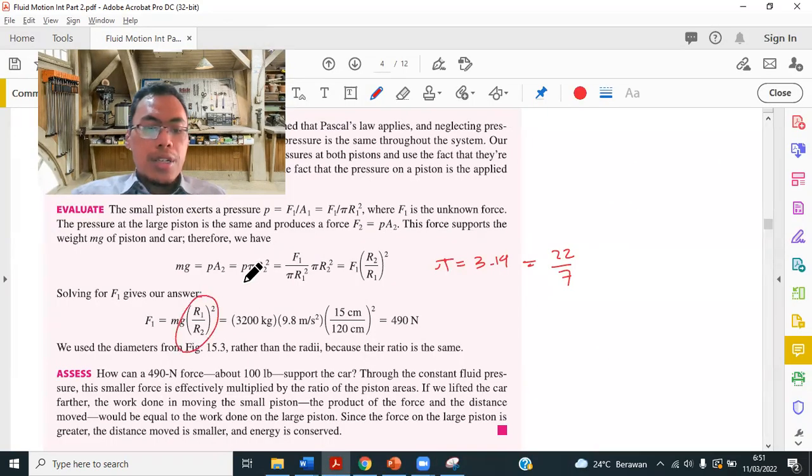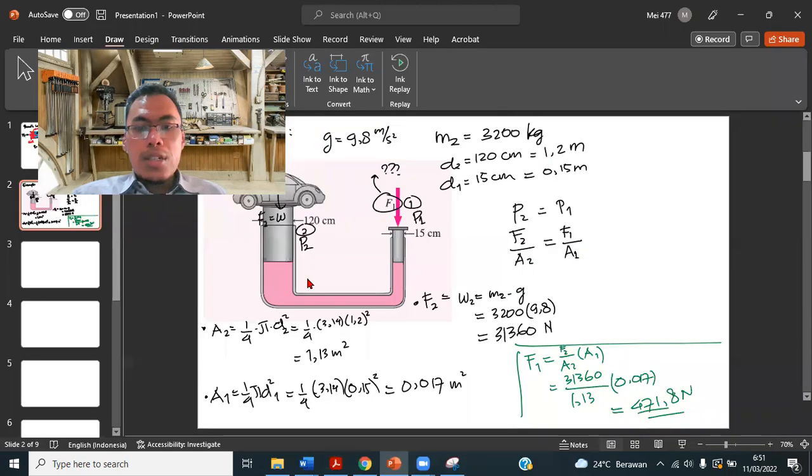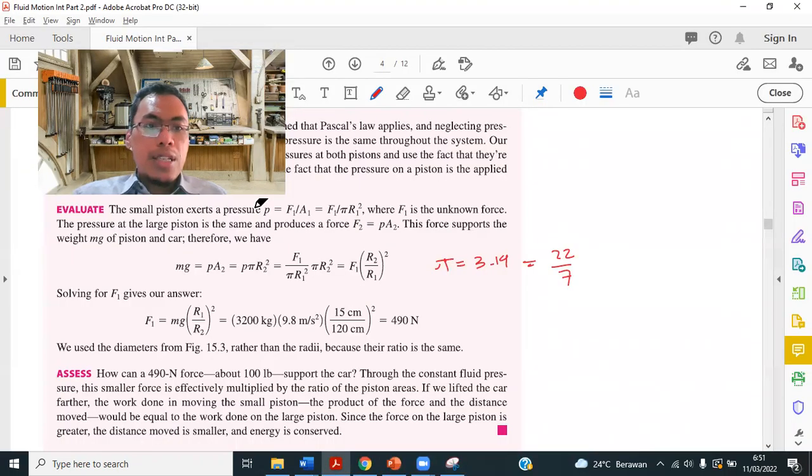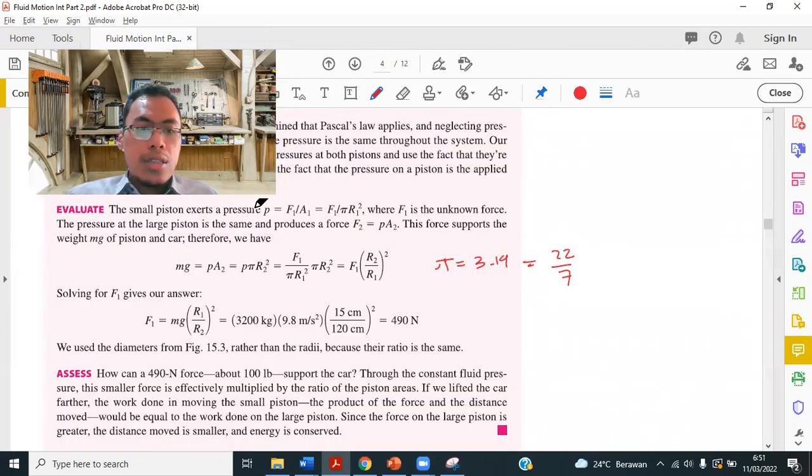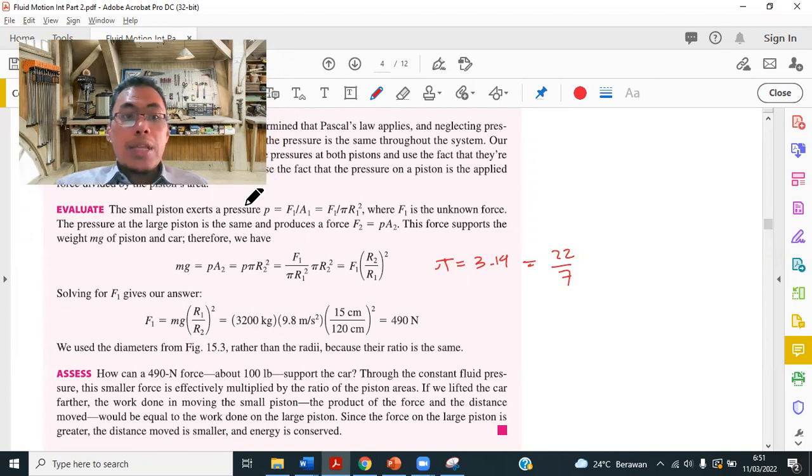Instead of using area, you can also use the diameter, it can also be applicable, but I think this calculation is more complex.